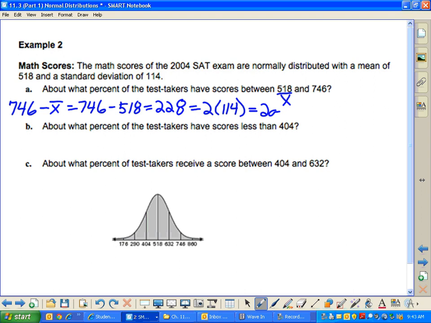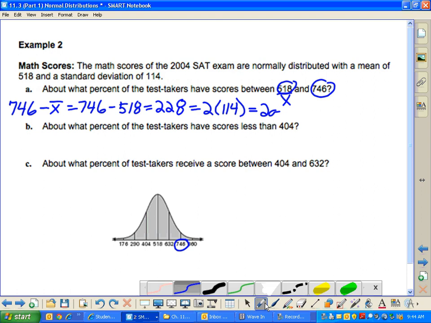They actually give this to you in that little graph there. What they're asking us is what percent of test takers score between the mean and 2 standard deviations above. So 518 and this data value is 2 standard deviations above. In other words, I need to figure out what percent of data is in that part of my curve.